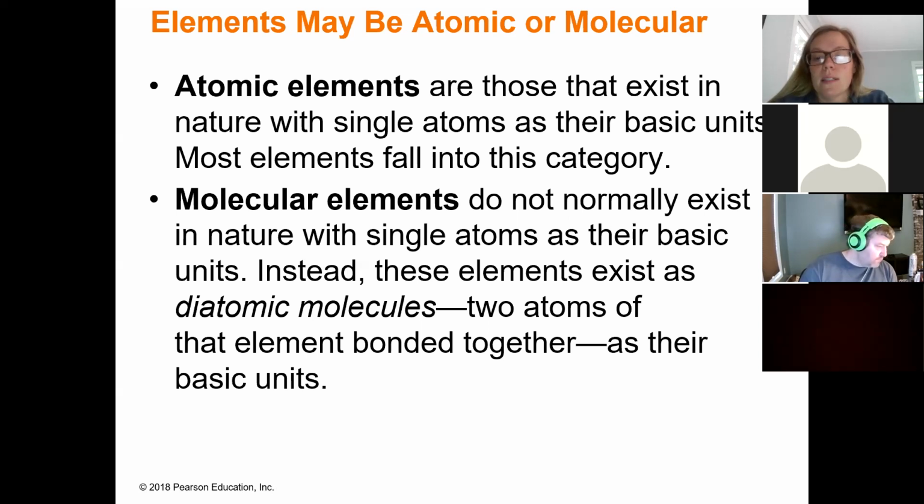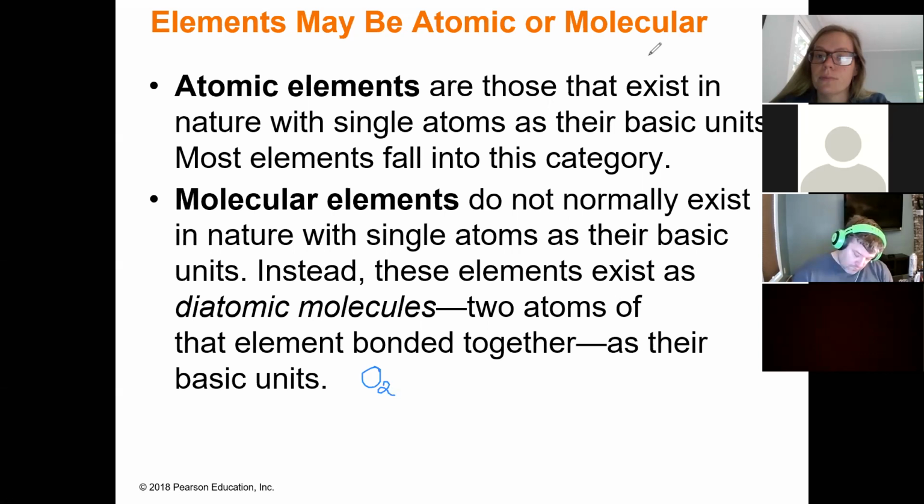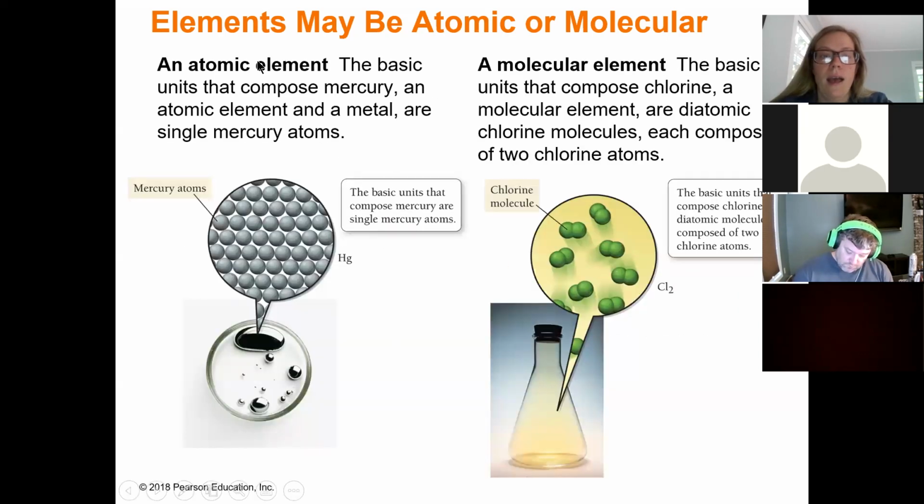So an example of this is oxygen. Oxygen doesn't just exist as a free element like this. It will actually bond to itself, so we get O2. Here we've got a bunch of mercury. The mercury is just a series of mercury atoms lined up.